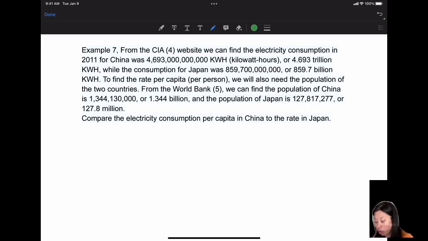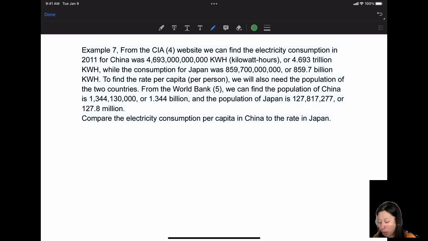While the consumption for Japan is 859,700,000,000, or we can say 859.7 billion kilowatt hours. It's really hard for me to read this. The number is too big.